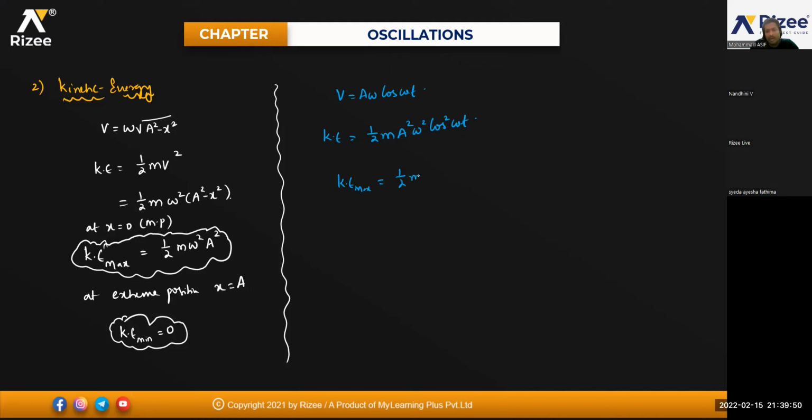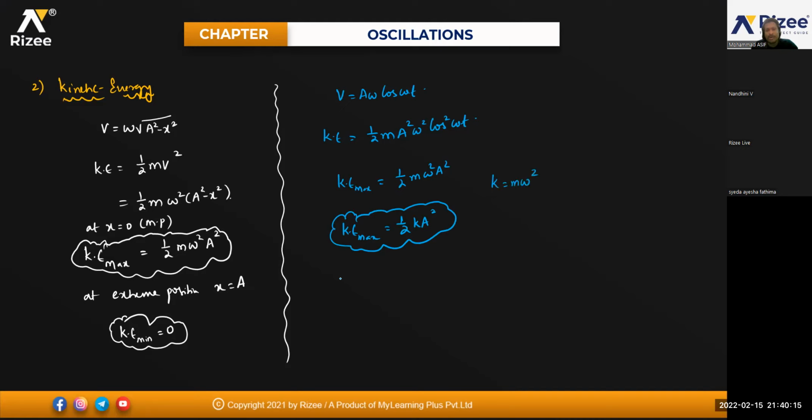It is half into M into omega square into A square. Okay, or else I can write this as maximum kinetic energy will be equal to half into K into A square. This is one more formula. So K is equal to how much for me? M into omega square.